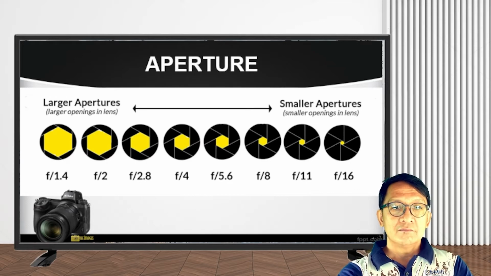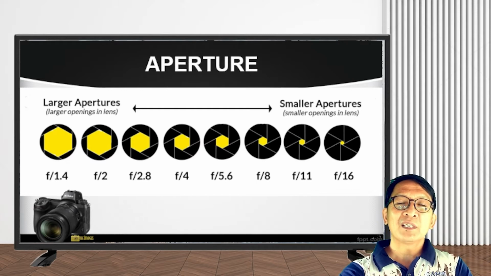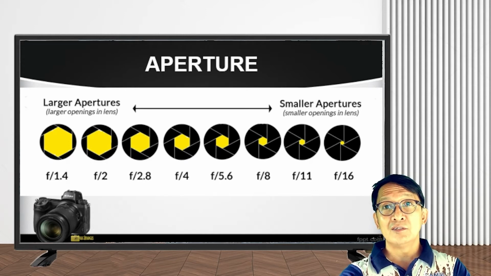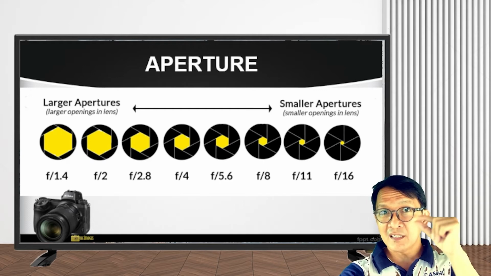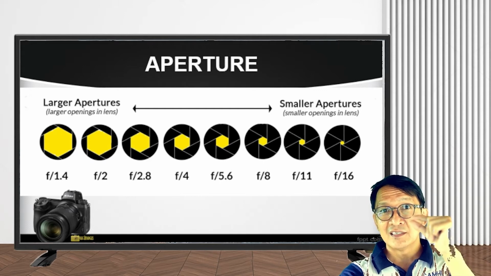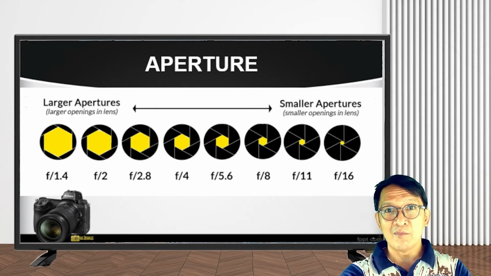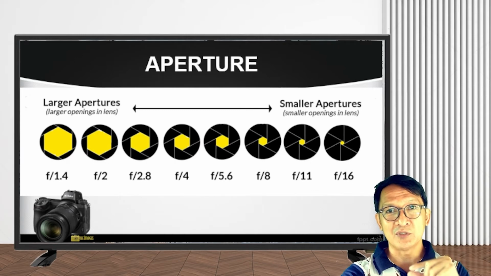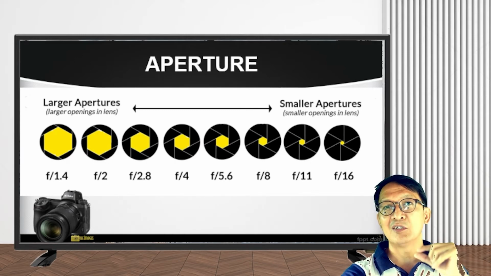So, ang aperture, parang mata natin yan eh. Halimbawa, pag lumabas kayo sa maliwanag, or tirik na tirik yung araw, anong mangyayari sa mata nyo? Di ba pumipikit ng konti? Kasi nasisilaw kayo. So, ganun din yung lente ng camera. No? Pag labas nyo sa maliwanag, dapat maliit lang yung aperture nyo para makita or mabalance yung exposure.